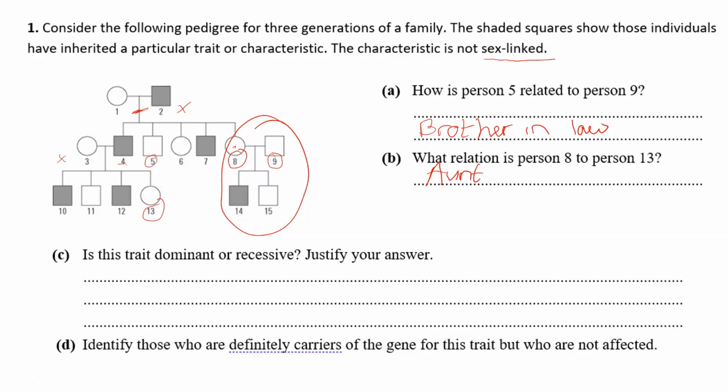We've got 2 parents that do not have the condition. However, we get an offspring who does have the condition. So both of these must be carriers, which means the trait is recessive. Now, it's asking you to justify your answer.